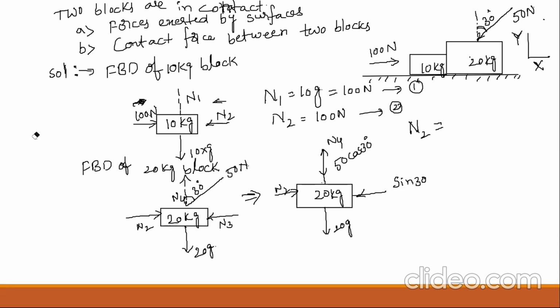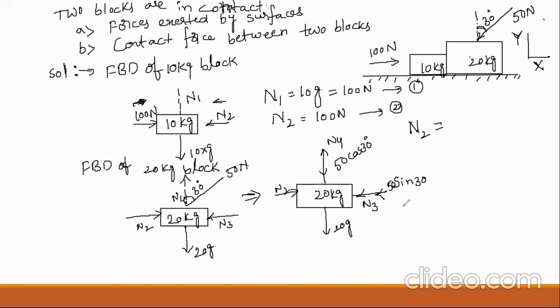So what is our N3 here? This is 50 sine 30, 50 cos 30, 50 sine 30, and this is N3.